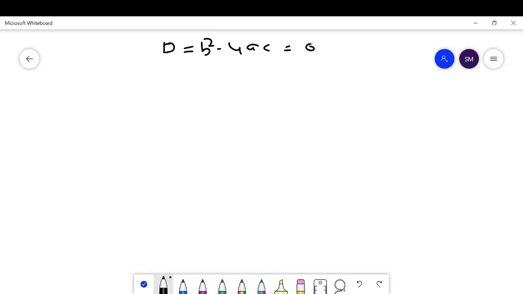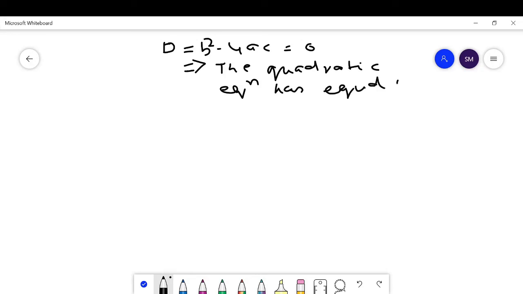When D is equal to 0, this means the quadratic equation has two equal roots, which means alpha is equal to beta.